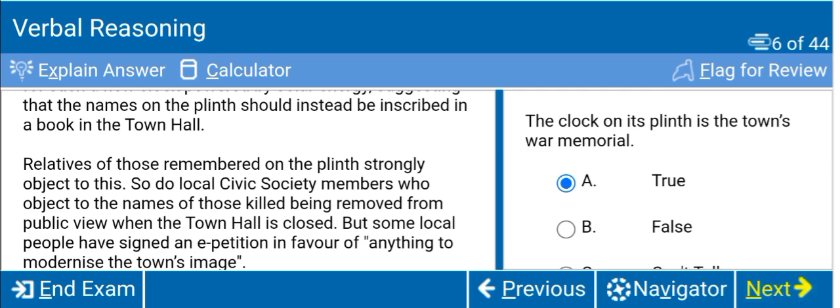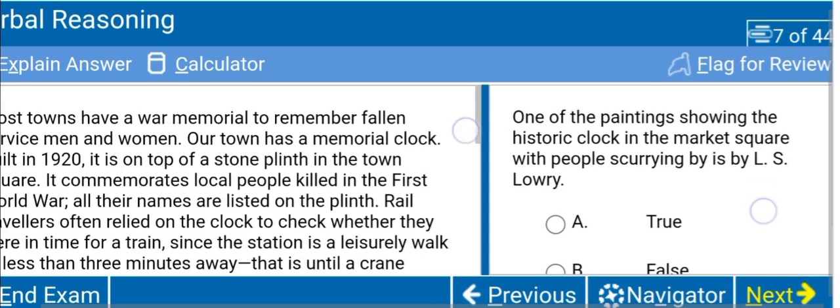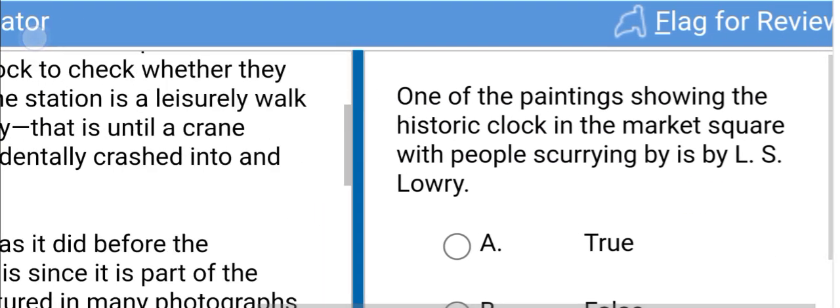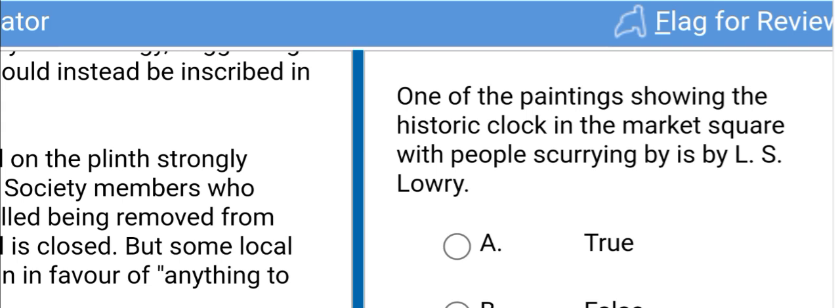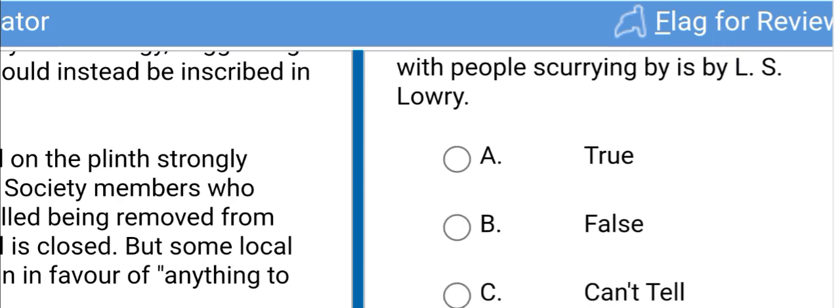Okay, now next we have question number 7, with the same passages given. One of the paintings showing the historic clock in the market square with people scurrying by is by L.S. Lowry.